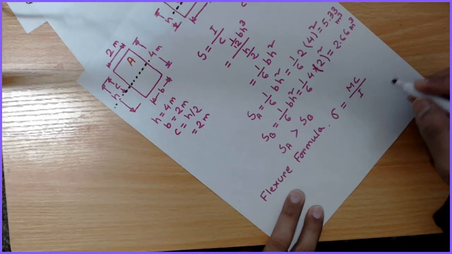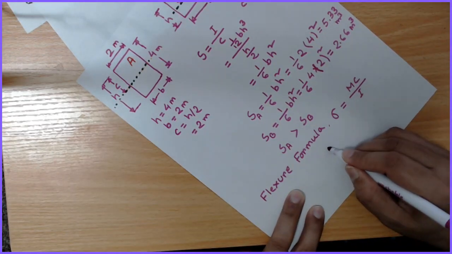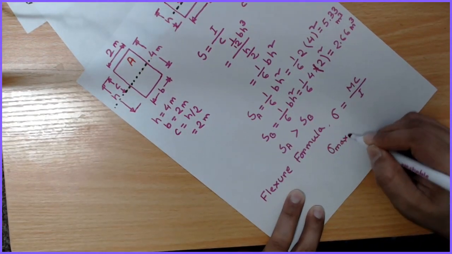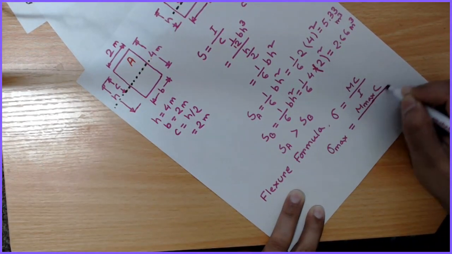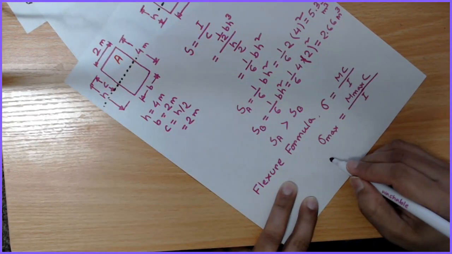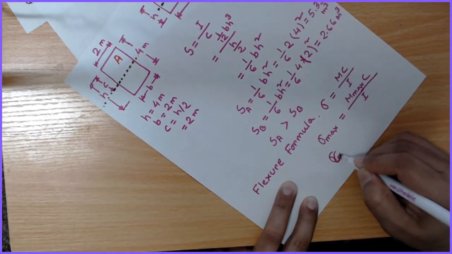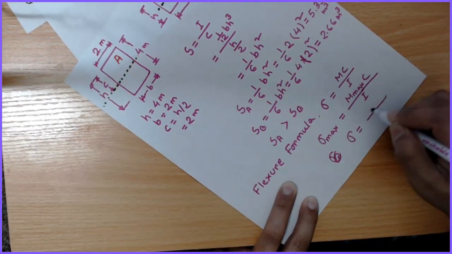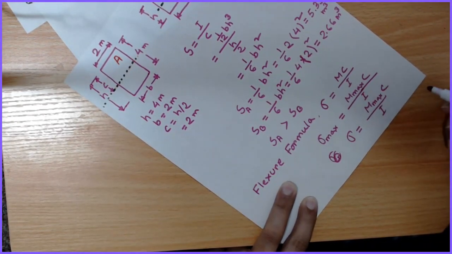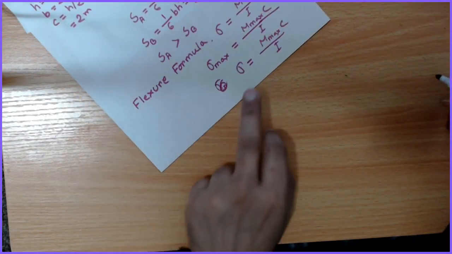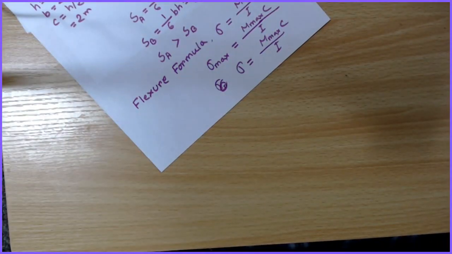Basically we can write this formula this way: sigma max equals M max c by I. Sigma is equal to the maximum moment multiplied by c and divided by I.